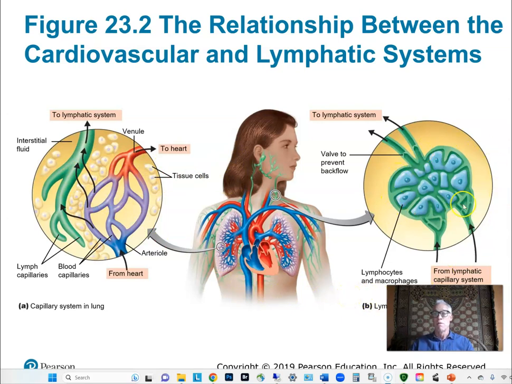Here's a relatively rough sketch of a lymph node. There are different follicles or chambers, collections of lymphocytes attached to reticular fibers in there that can do some immune surveillance. We talked about the immune system before in some detail. So there are follicles packed with B cells surrounded by dendritic cells in here.